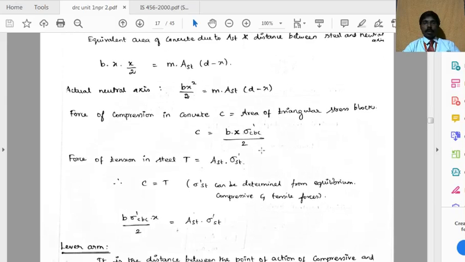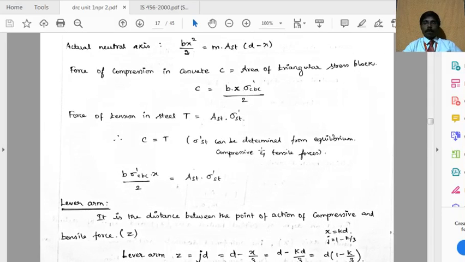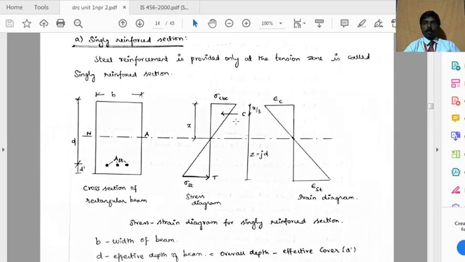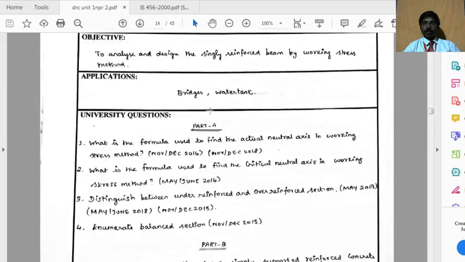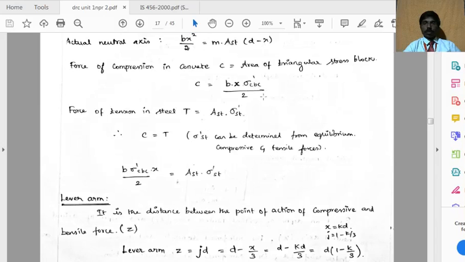From the stress block diagram, the force of compression in concrete is calculated. In the previous page we have seen the stress block diagram, which is rectangular in shape. So this is the x distance. Now we are going to calculate the compression force C. C is equal to B into x into sigma CBC divided by 2.